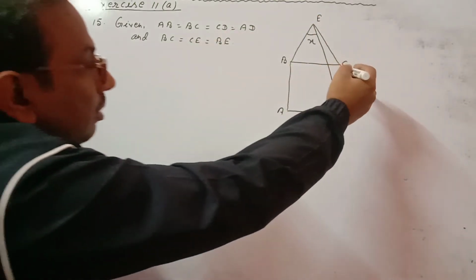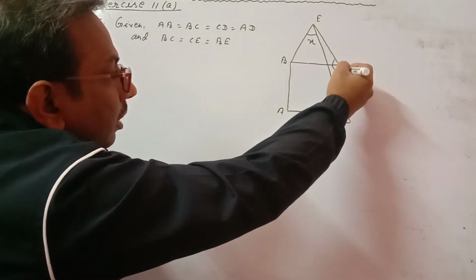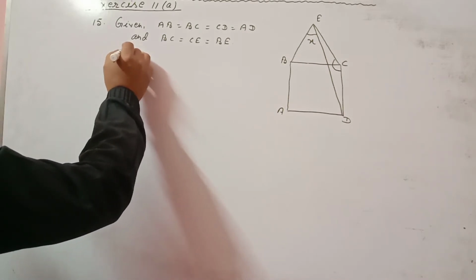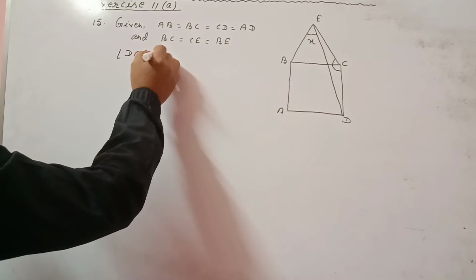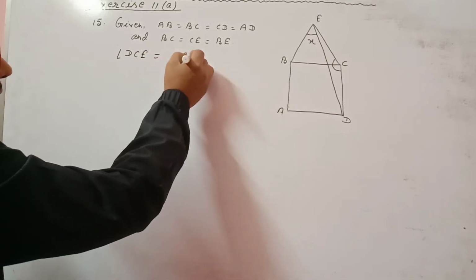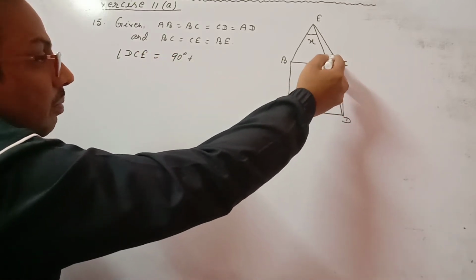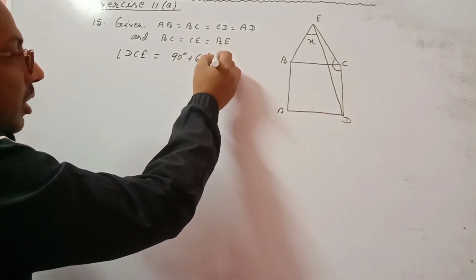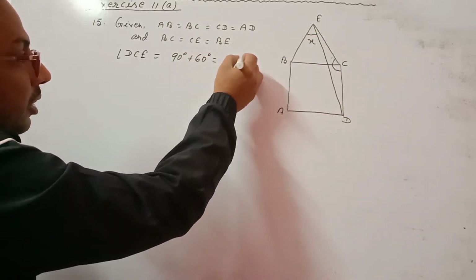First of all, we find angle DCE. DCE equals 90 degree, that is the angle of a square, plus 60 degree, that is the angle of an equilateral triangle. So 90 degree plus 60 degree became 150 degree.